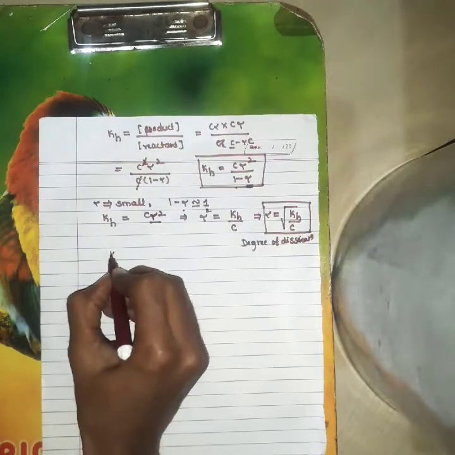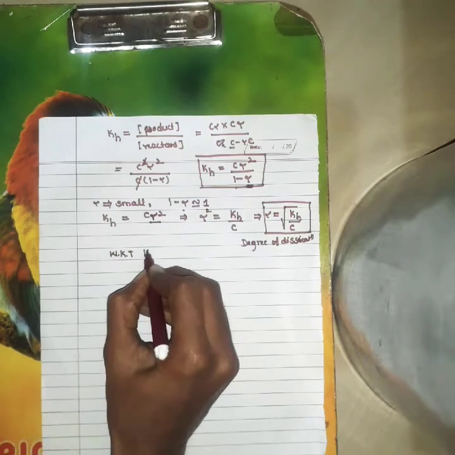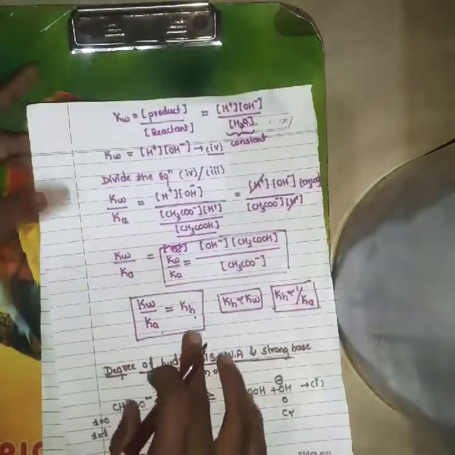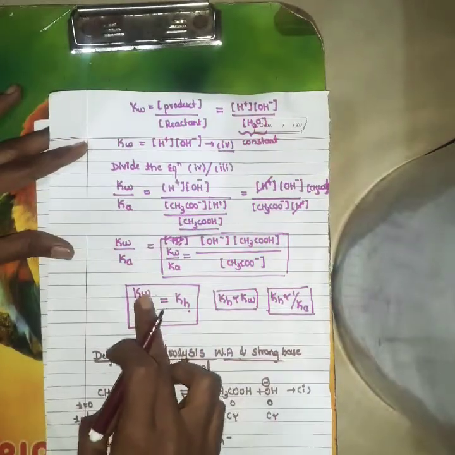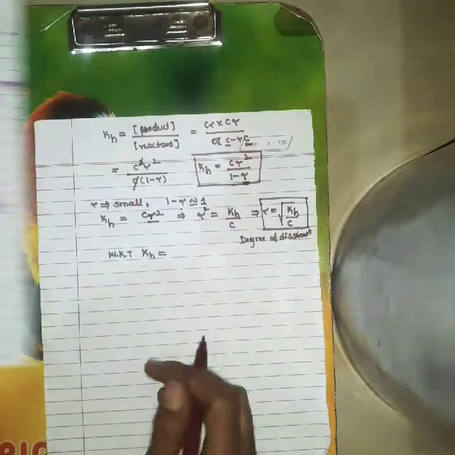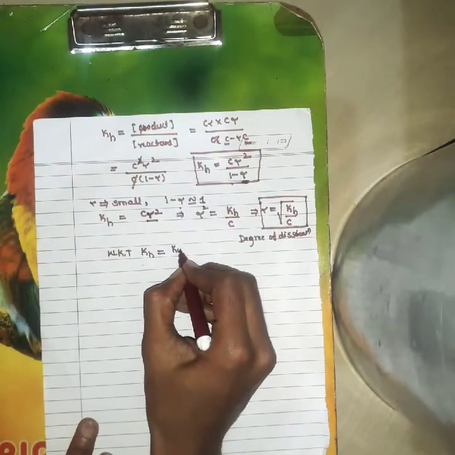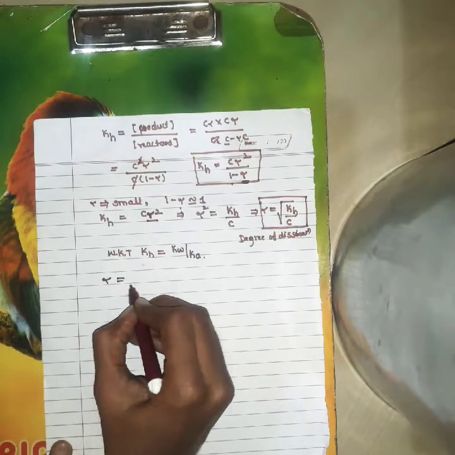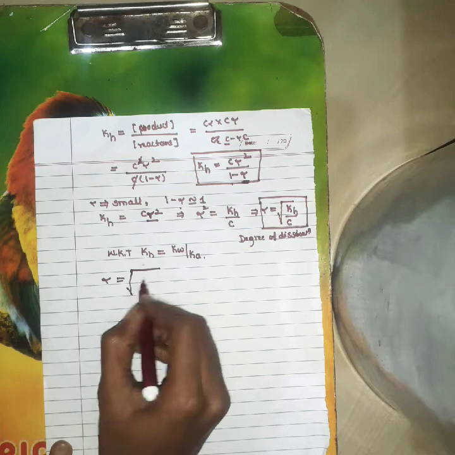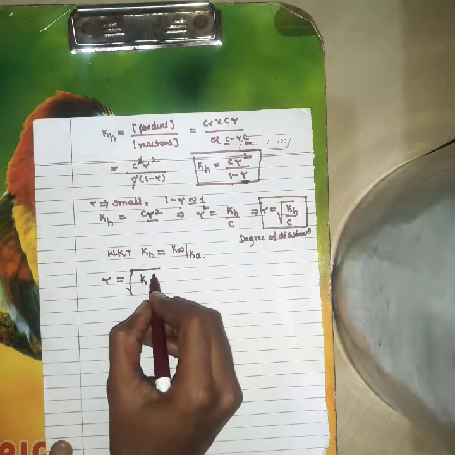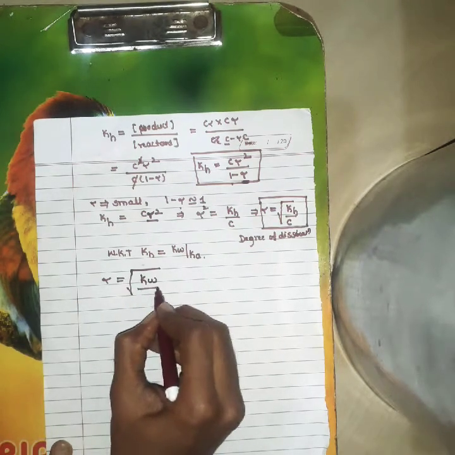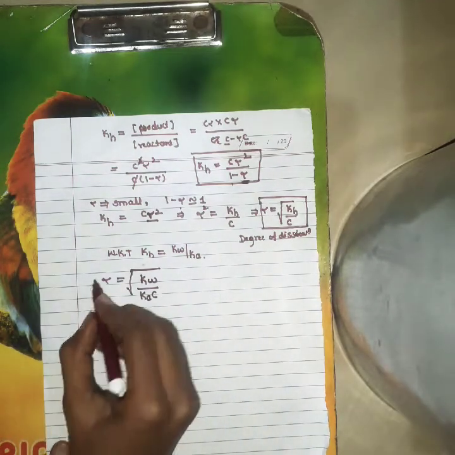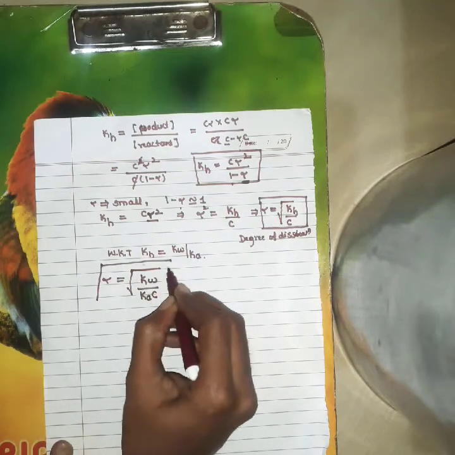We know from the previous class that Kh is equal to Kw divided by Ka. Substituting, alpha is equal to the square root of Kw divided by Ka into C. This is another formula for determination of alpha.